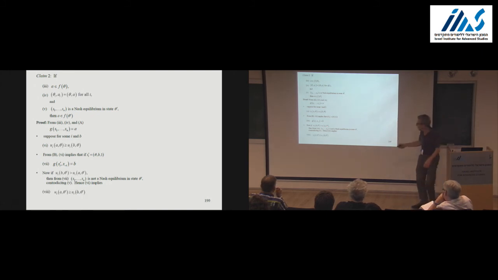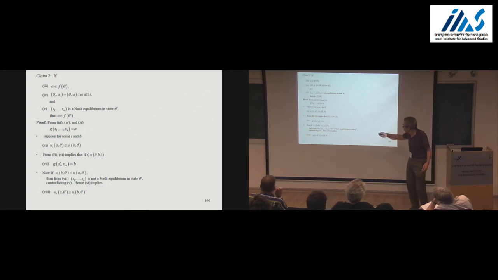And so if A is at least as good as B under the false preferences theta, A must be at least as good as B under the true preferences theta prime. And now you see where monotonicity comes in.